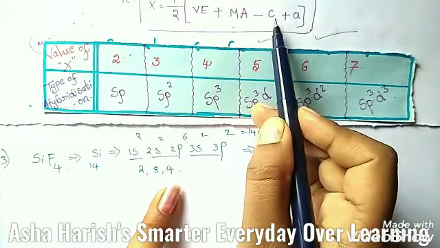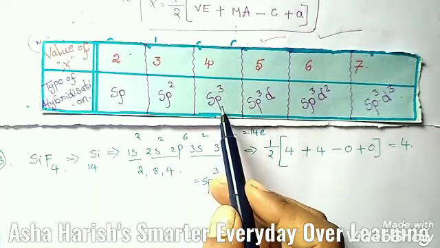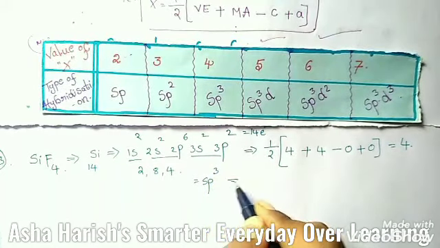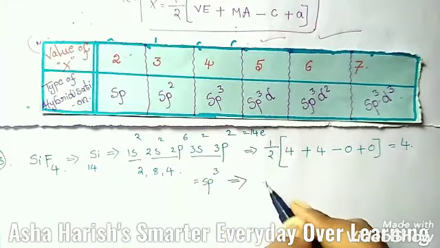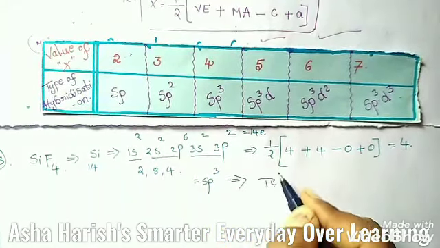Okay students, half into 8, nothing but 4. Then the X value is 4. The hybridization should be sp3. The formed hybrid orbitals are 4 here. Then students, the shape is tetrahedral. Tetrahedral shape of silicon tetrafluoride.